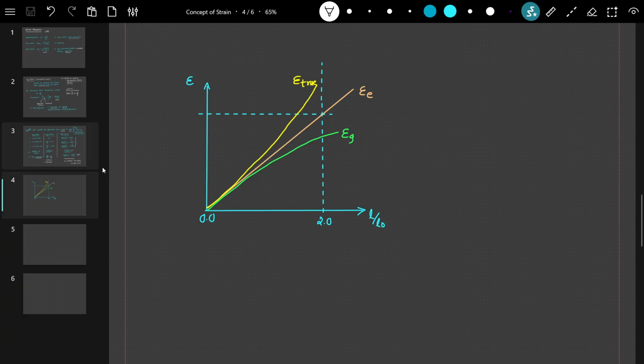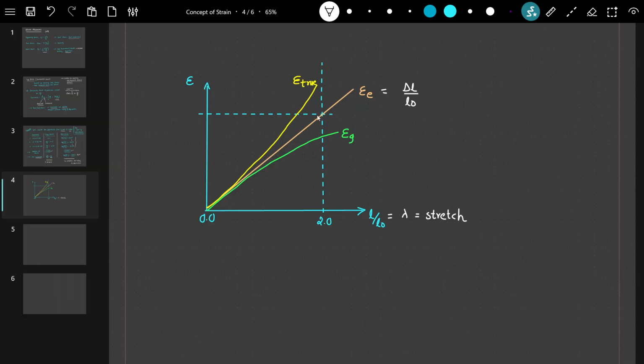So this is just one plot, where L by L0 is also called stretch, lambda. The ratio of current length to original length is also called stretch. Let's take a stretch of 2.0. If we take the strain measures, this is the engineering strain measure, which is delta L by L0.